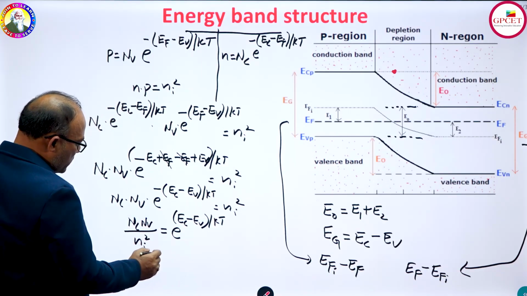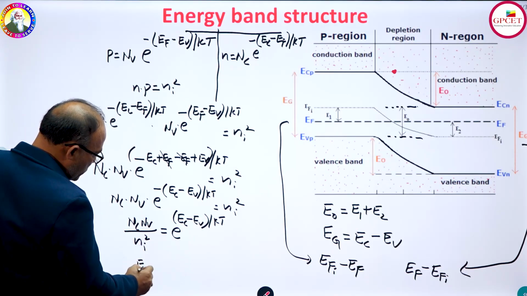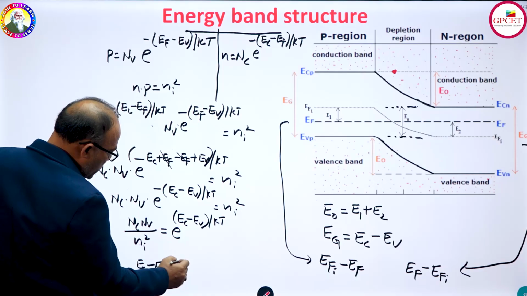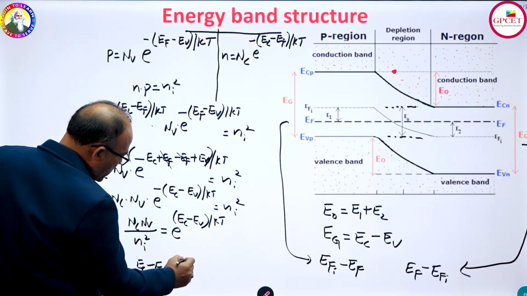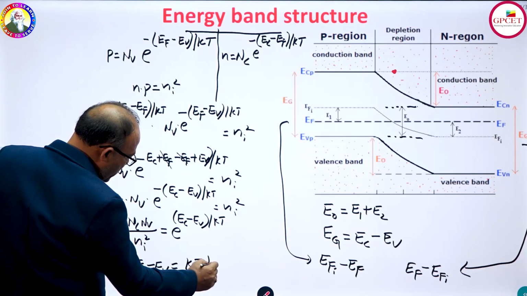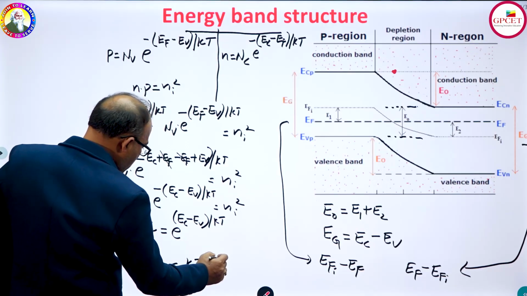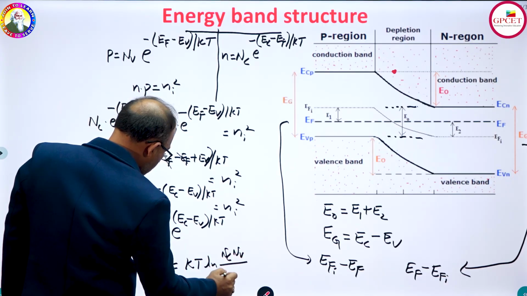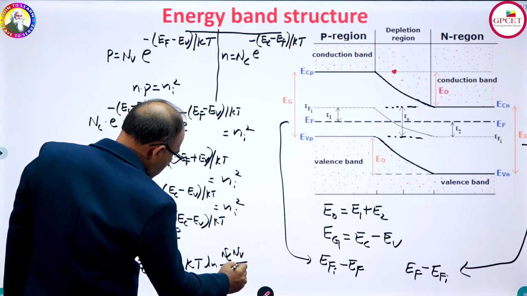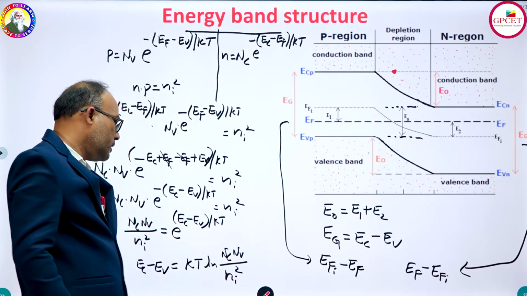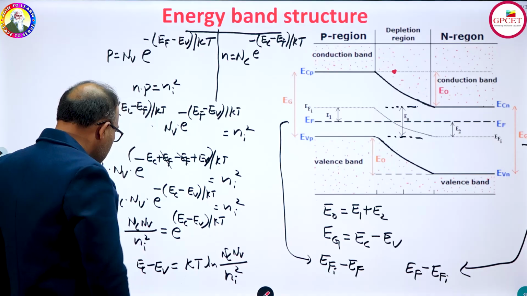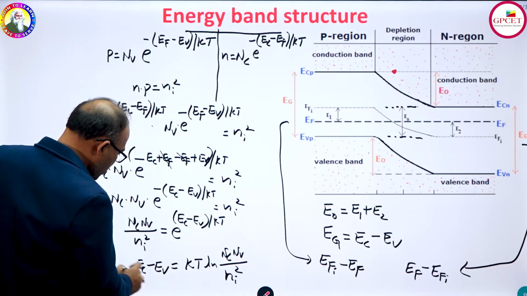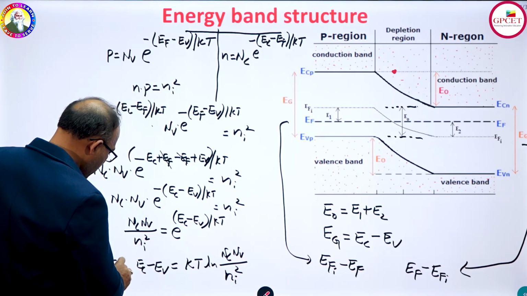So apply natural logarithm and multiply with KT, and you get EC minus EV is equal to KT ln of NC NV divided by Ni square. This EC minus EV is nothing but Eg. So this is called the energy gap.